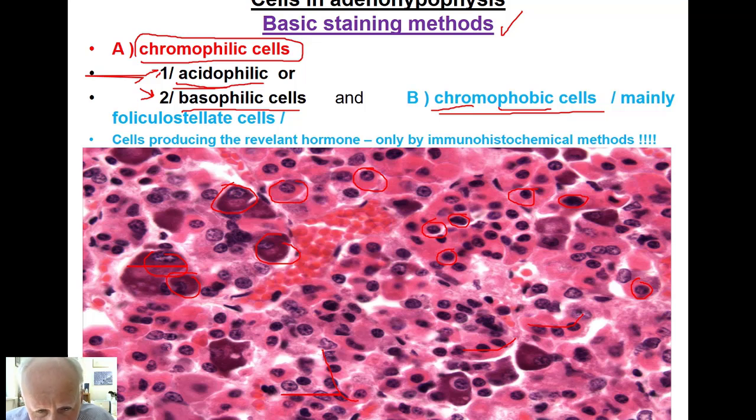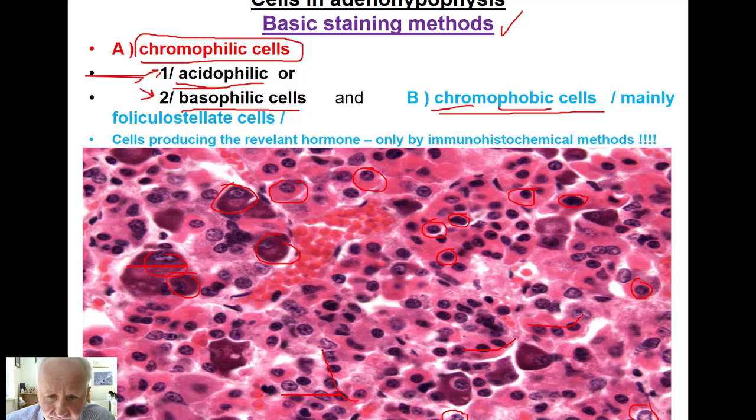And then cells that you see perfectly stain the nucleus, that's true, because hematoxylin is staining nuclei, but we have such a feeling that the cytoplasm is slightly not stained, as you see, for example, at this cell, or at this cell, you see the cytoplasm is slightly white, so those are chromophobic cells.